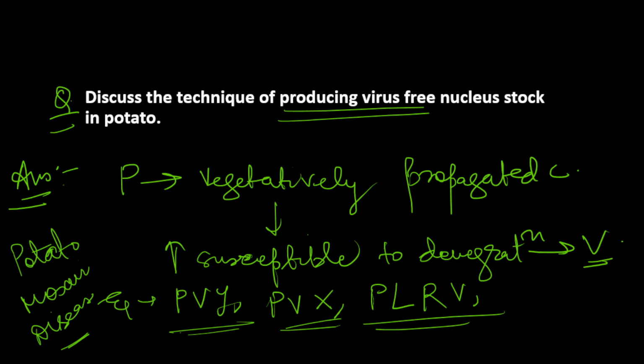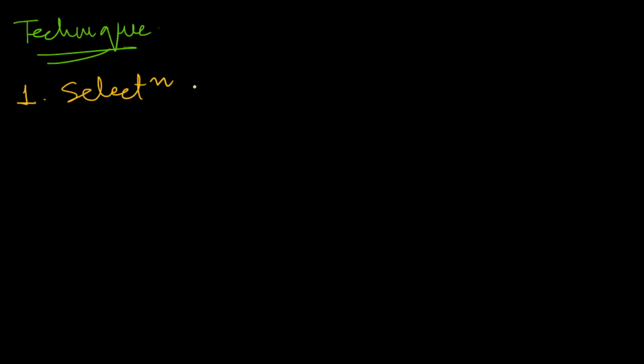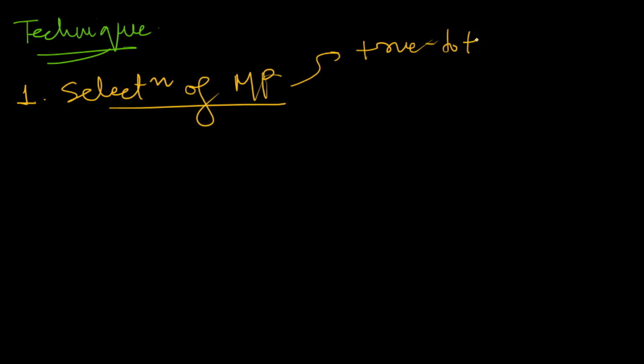Now we will move to the techniques, how we can produce virus free nucleus stock in potato. So first of all, we will try to select a good mother plant. Selection of mother plants. Mother plants should be true to type.